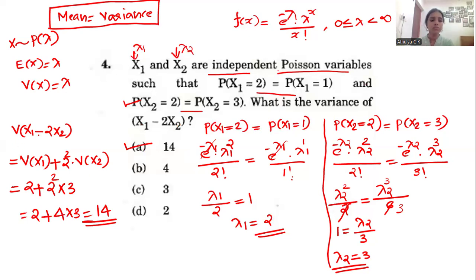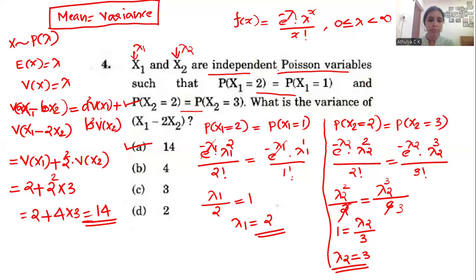Here, we know the variance property: variance of a x1 minus b x2, if x1 and x2 are independent, will be a square into variance of x1 plus b square into variance of x2.